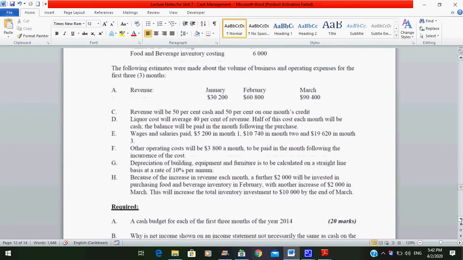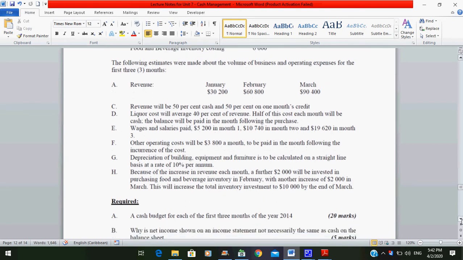It is limited, right? Management knows that because of the increase in revenue each month, a further $2,000 will be invested in purchasing food and beverage inventory in February, with another increase of $2,000 in March.